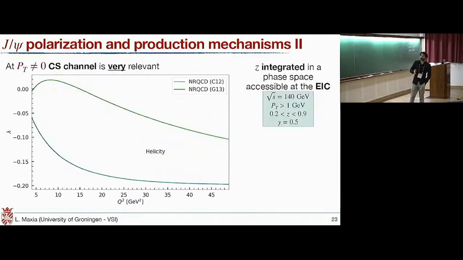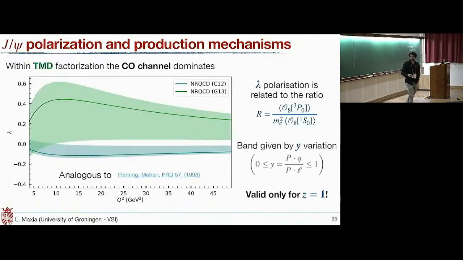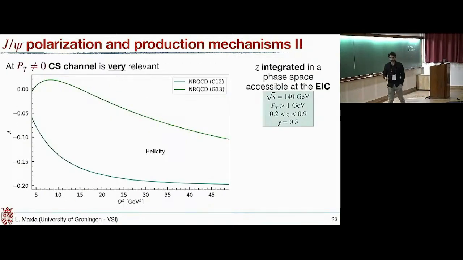And if you look at a broader bin, so I show here the same kind of calculation, but integrating over Z, so moving a little bit away from the TMD region, you will see that the color singlet channel starts to be very relevant. So while in this case, again, it's only color octet, so color singlet channel is very suppressed, here it starts to be very relevant.